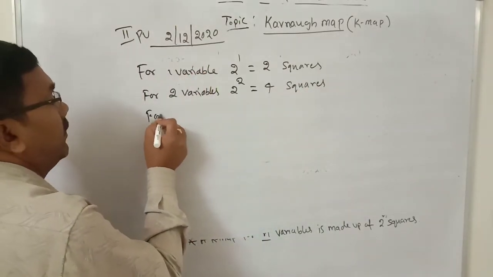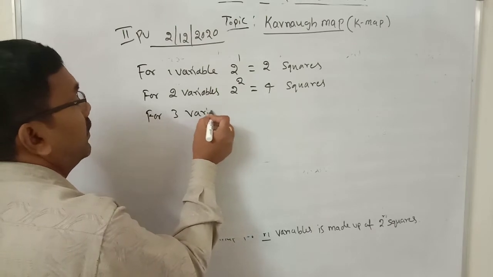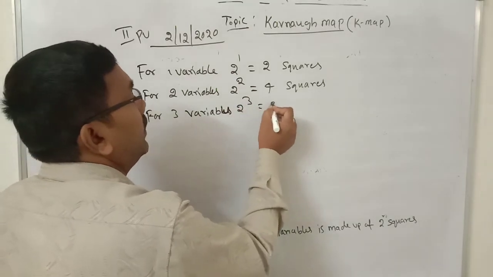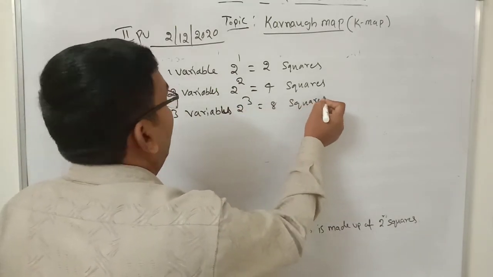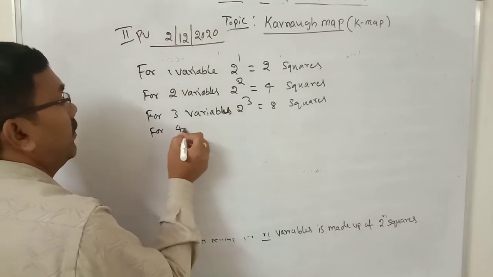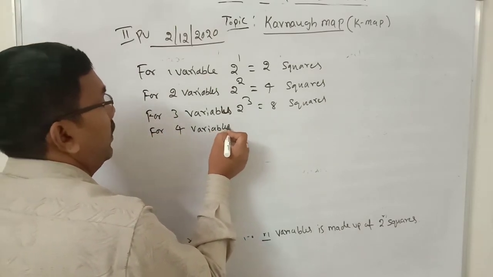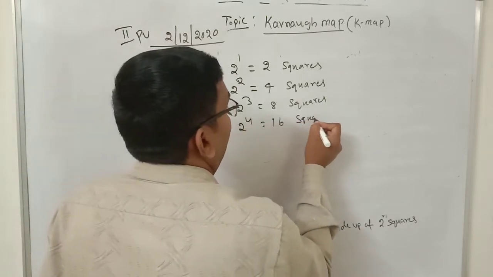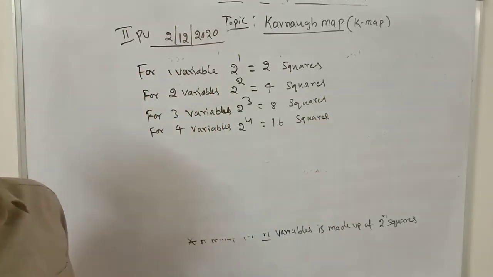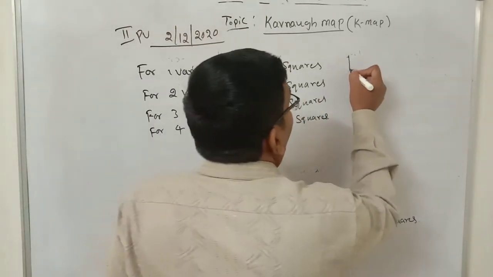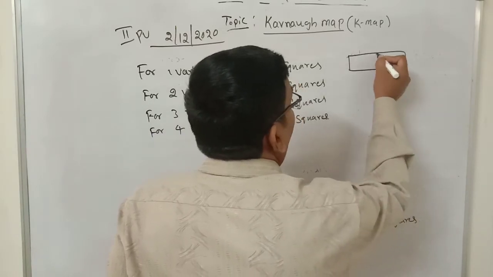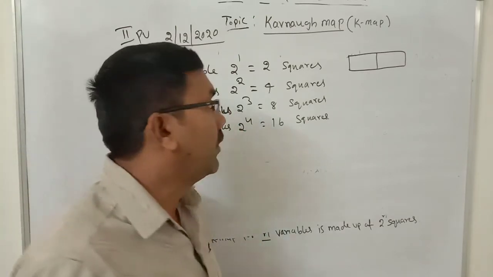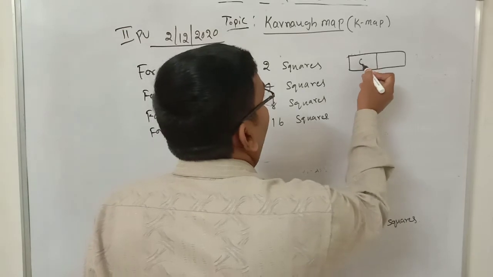For three variables, 2 to the power of 3, 8 squares. And for 4 variables, 2 to the power of 4 is equal to 16 squares. 2 squares is simple. For only one variable, the possibility is either 0 or 1.